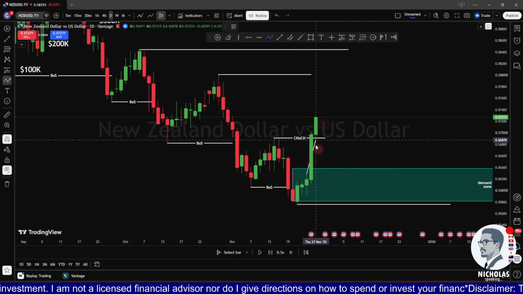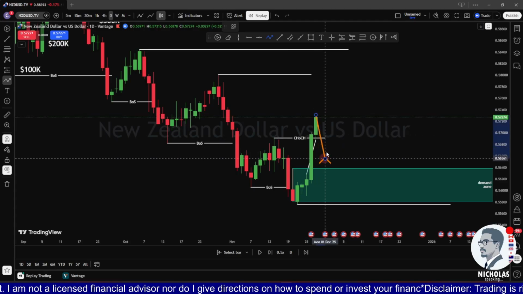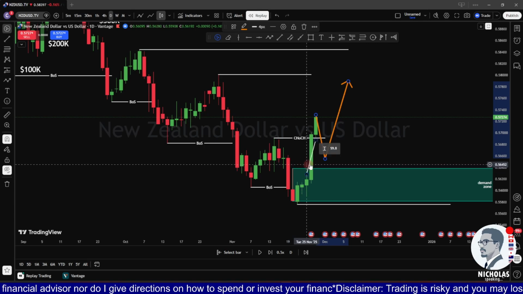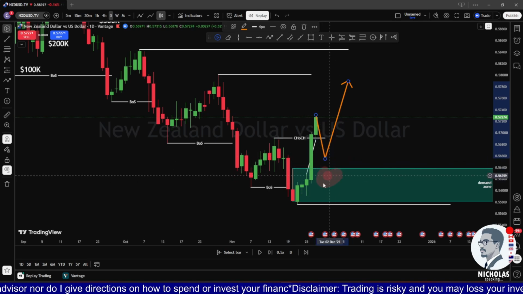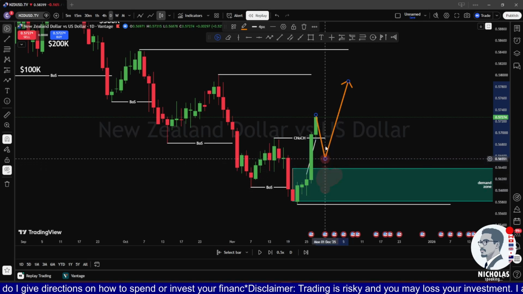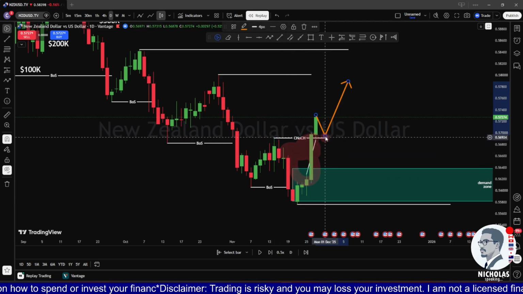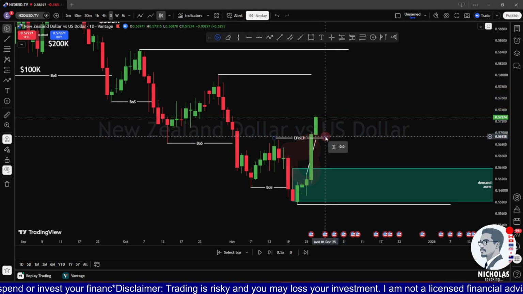If price does this whole scenario above this zone and does not touch this other block, we are cool. Especially, it becomes even better and even stronger if it does not touch the imbalance.